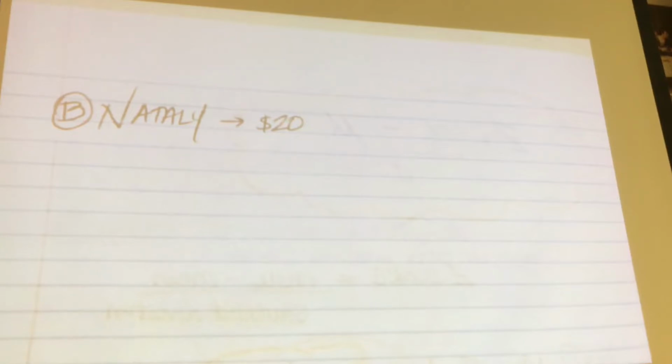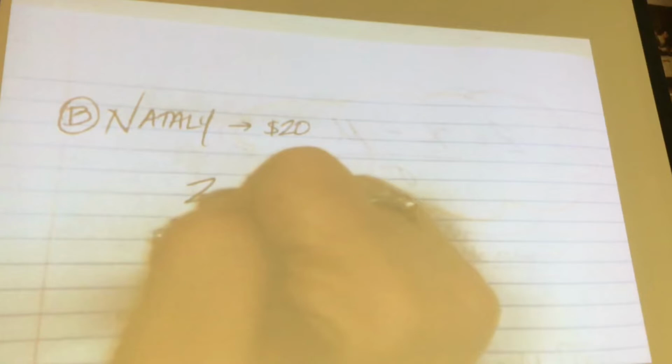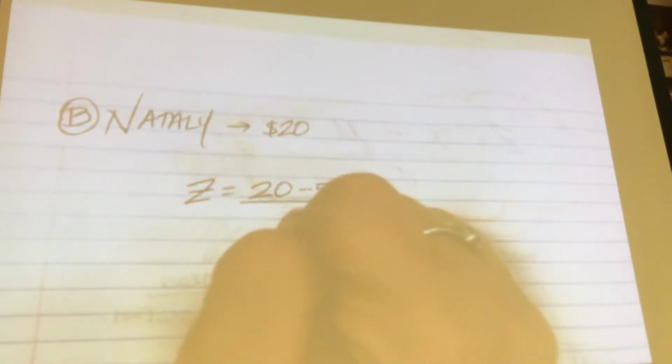Is her z-score going to be really high or really low? Why really low? What's the mean? 50. Is her z-score going to be positive or negative? Why? Because it's below the mean. So if you want to find her z-score, you plug in 20 minus 50 over 5.